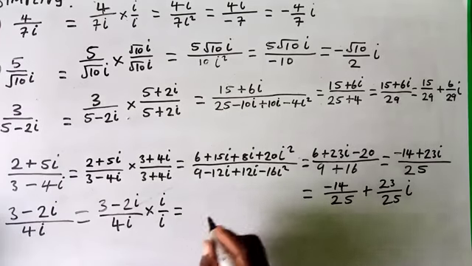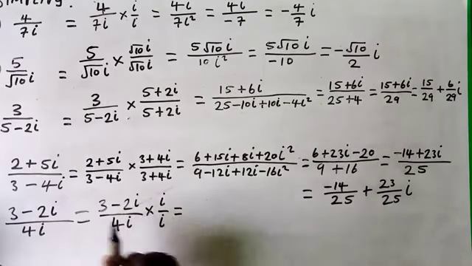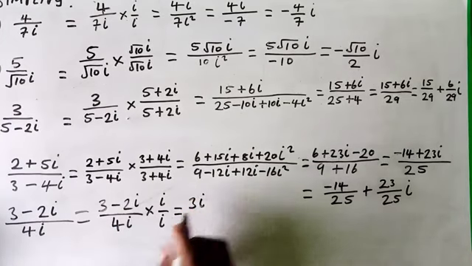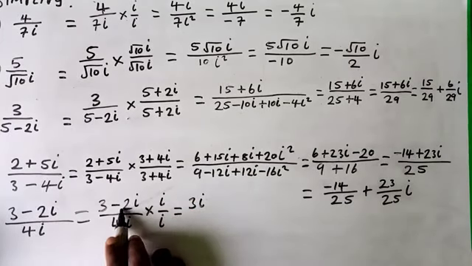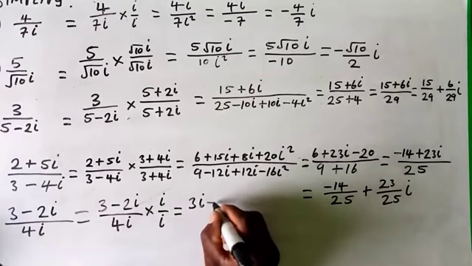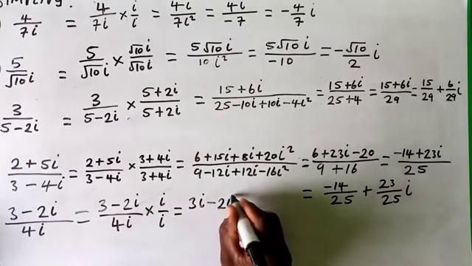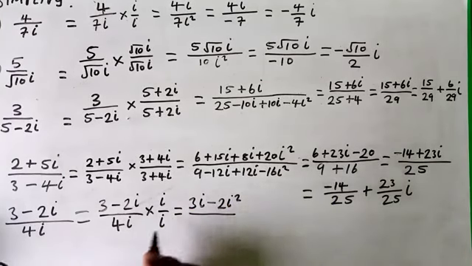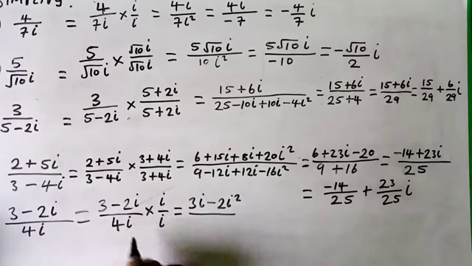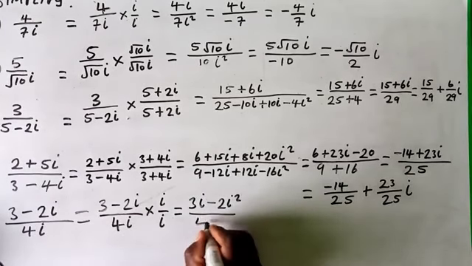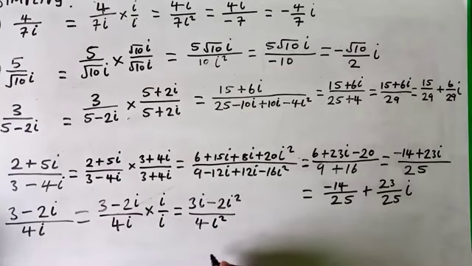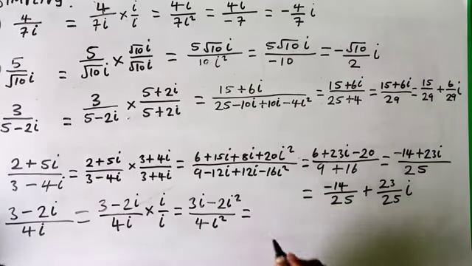This will be equal to i times 3 is 3i, i times minus 2i is minus 2i squared, all over i times 4i is 4i squared.